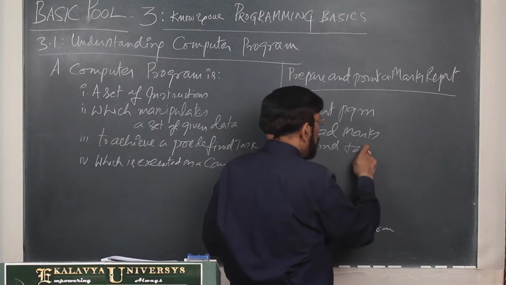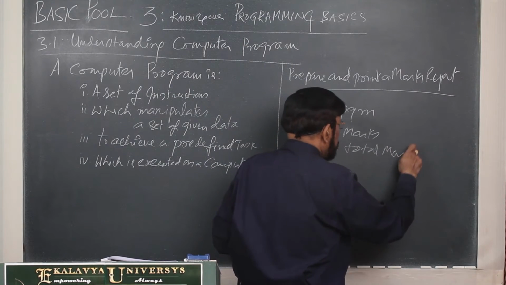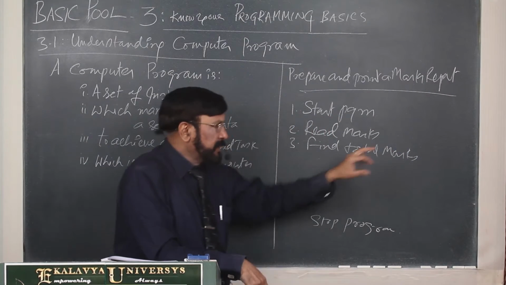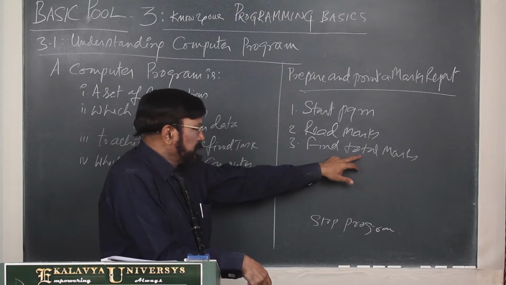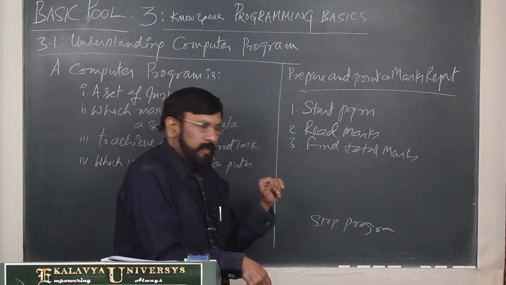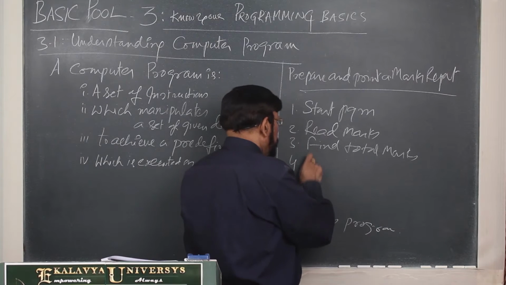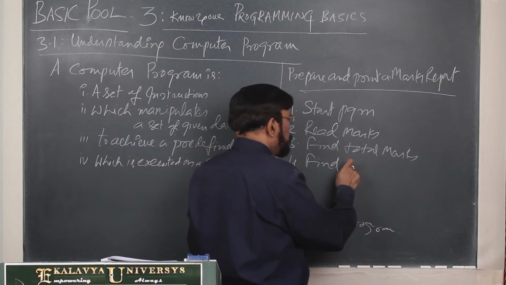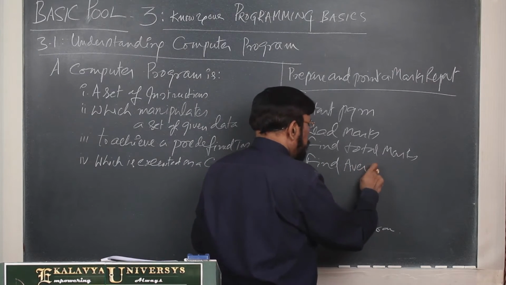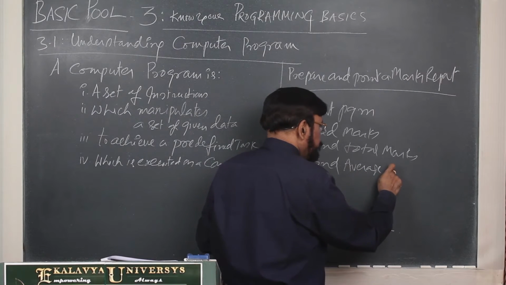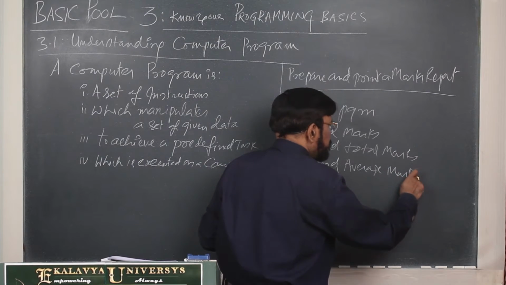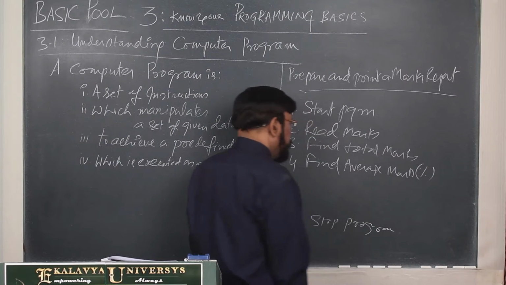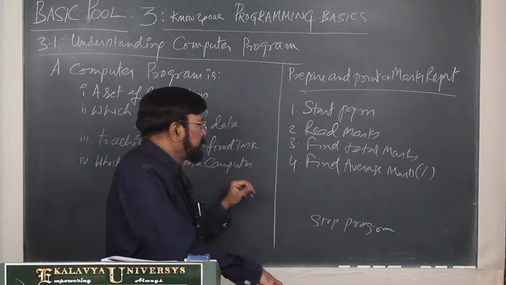find total marks. Actually, part of your marks report, they print your total marks. That's why you have to calculate total marks. Part of your marks report, average marks are printed. Average marks means you have to understand as percentage of marks are printed. That also you have to calculate.